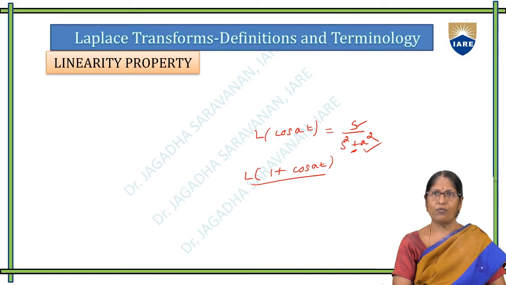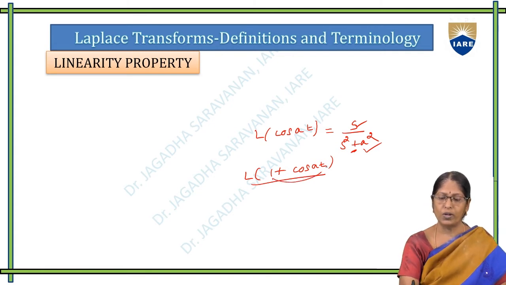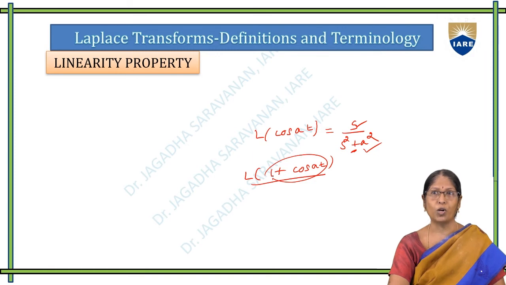If it is L of 1, the formula is there. If it is L of cos at, the formula is there. But for L of two terms together, there is no direct formula. So, the property which is defined using our Laplace transform is the linearity property.